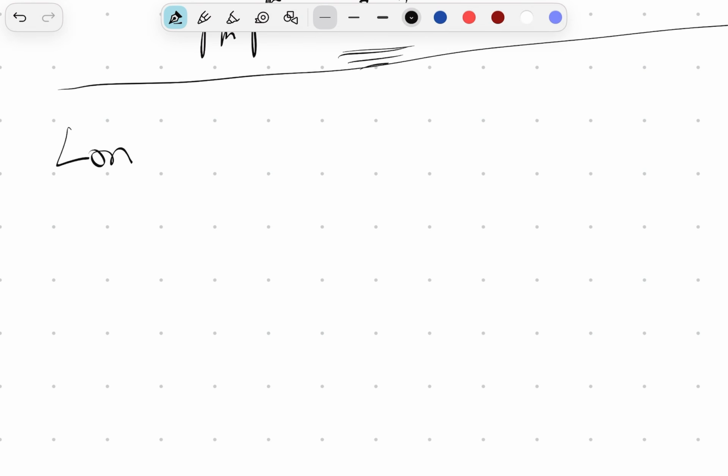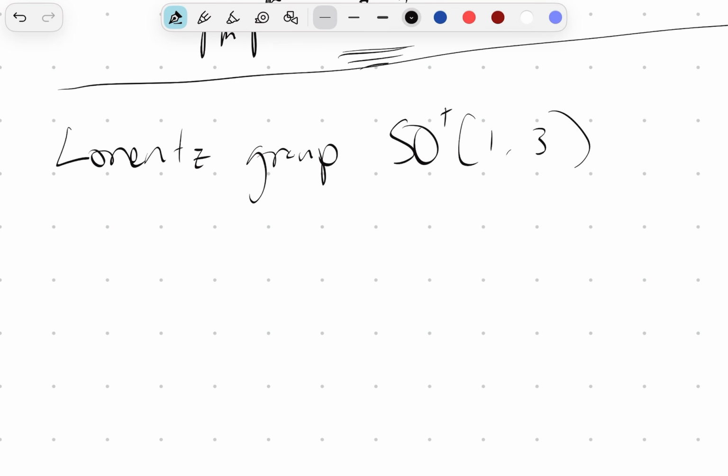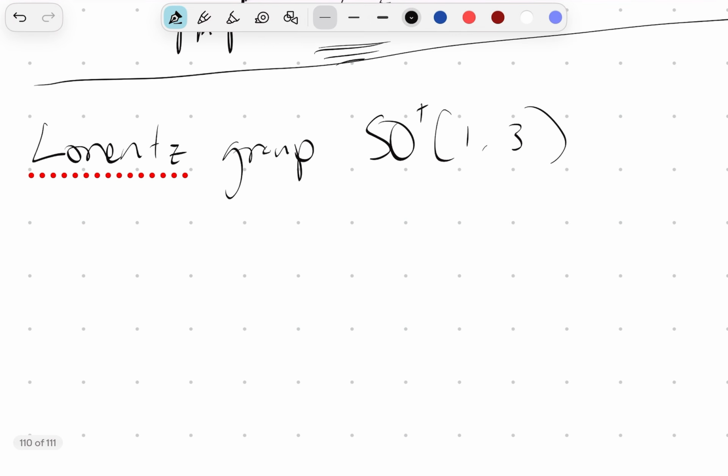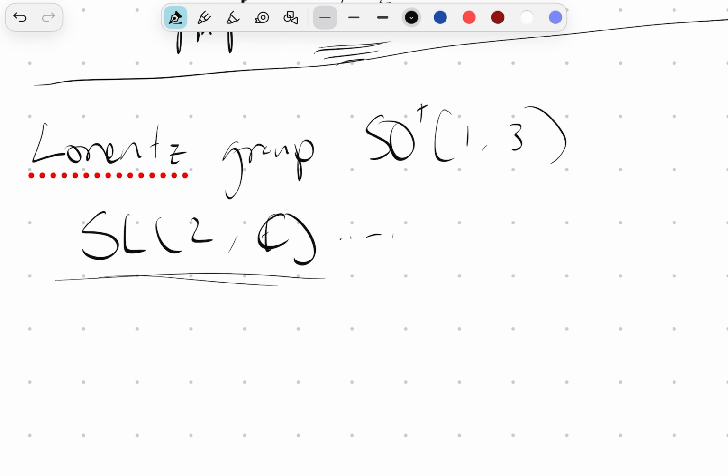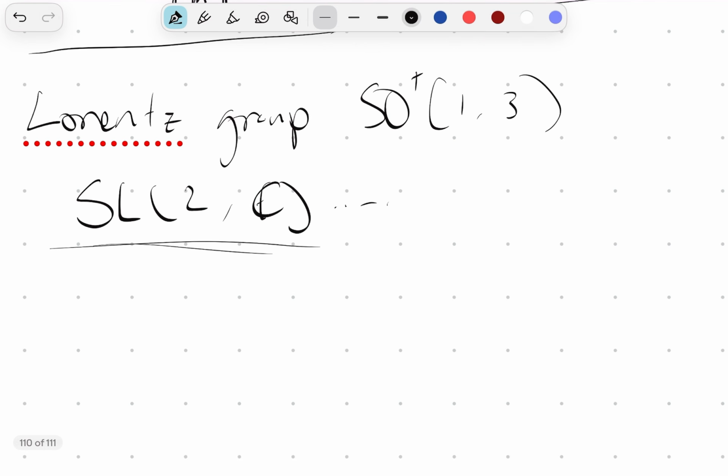So the Lorentz group, or specifically the orthochronous Lorentz group, mathematically is not simply connected, and its double cover is SL(2,C). And this double cover acts on two-component objects called spinors.